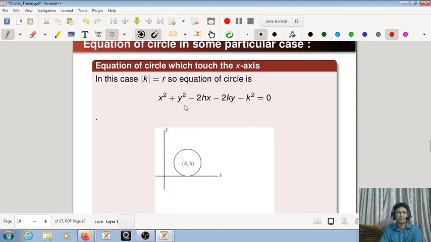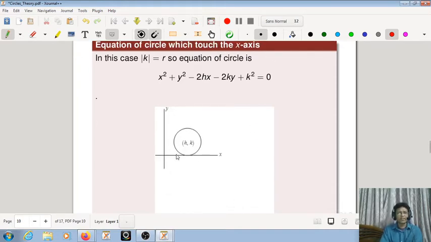Next, the equation of a circle which touches the x-axis. If the circle touches the x-axis, then what is the equation? In that case, the center will be just above the point of contact. This is the tangent, that means the x-axis is the tangent of the circle.